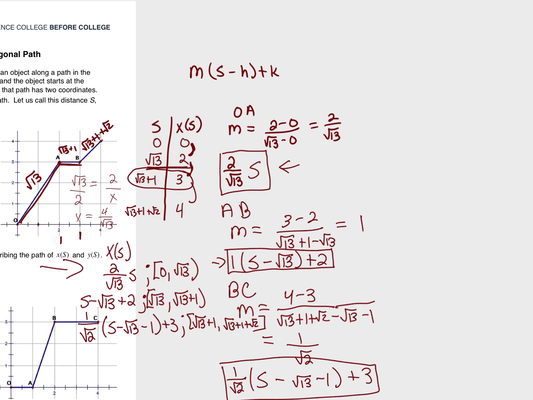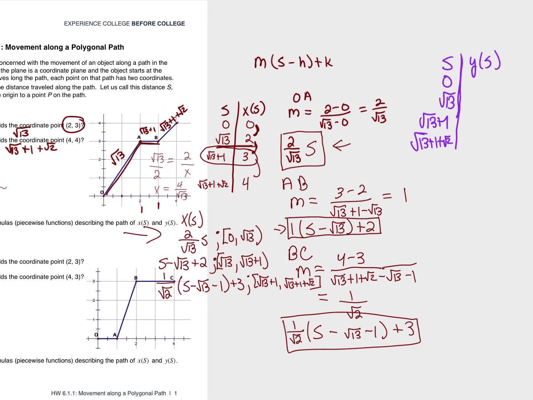So I'm going to do s and create a y of s table. We still have the exact same 0, square root of 13, square root of 13 plus 1, square root of 13 plus 1 plus square root of 2. That hasn't changed. But then it's what are the y values?